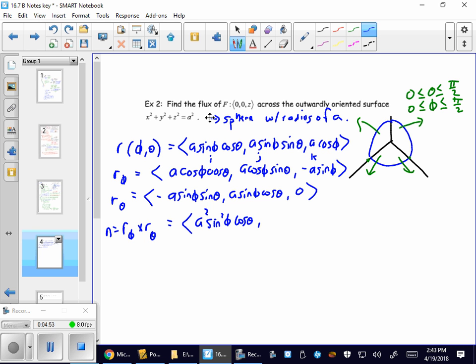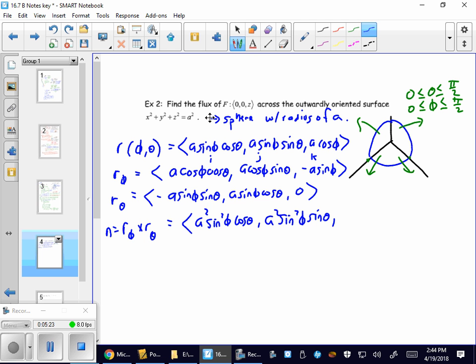Looking at the j, you got minus of minus minus, so this is going to give us positive, so this is good. A squared sine squared phi sine theta. And then getting rid of the k stuff is going to be kind of a messy one.